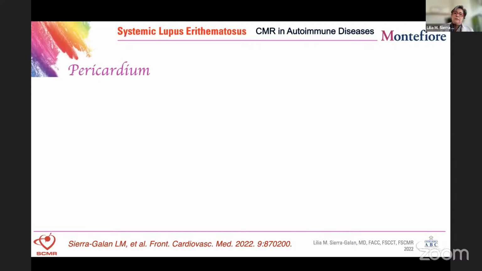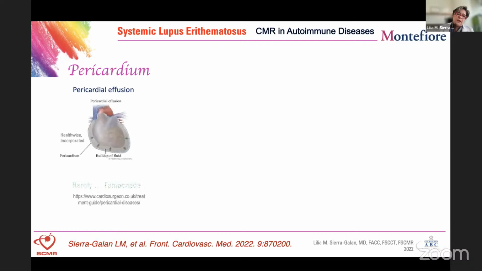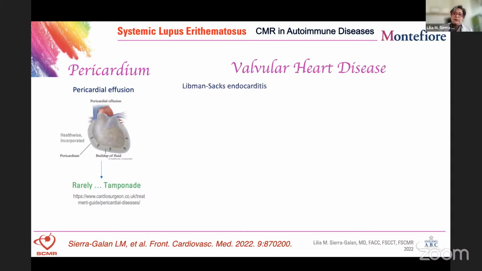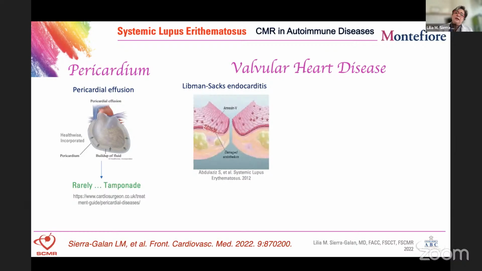Lupus involves cardiovascular disease starting with the pericardium. Usually it is just pericardial effusion, but rarely it could end up in cardiac tamponade. Then there is the valvular heart disease that everyone knows and recognizes, the Libman-Sacks endocarditis.